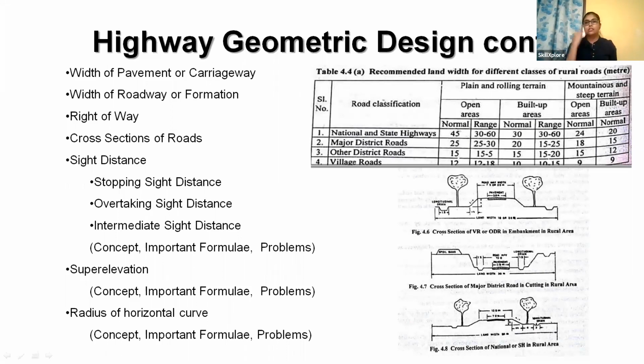This can be like when the driver is just seeing the obstruction there, it will take some time for him to understand that an obstruction is there, and that he has to apply the brake so that he won't collide. So that is known as lag distance. That itself is divided as perception, intellection, emotion, and volition. Perception means something is there, he is identifying, and intellection means the senses are sent to him, and he is understanding that he has to stop.